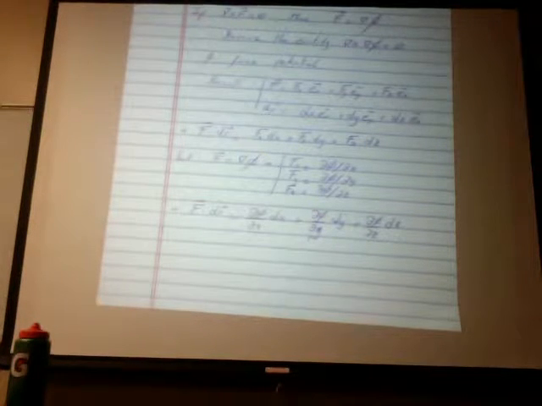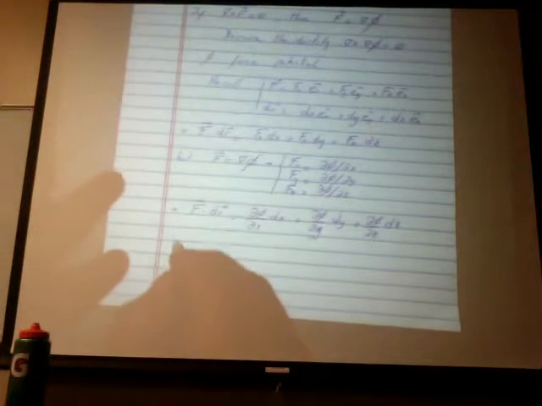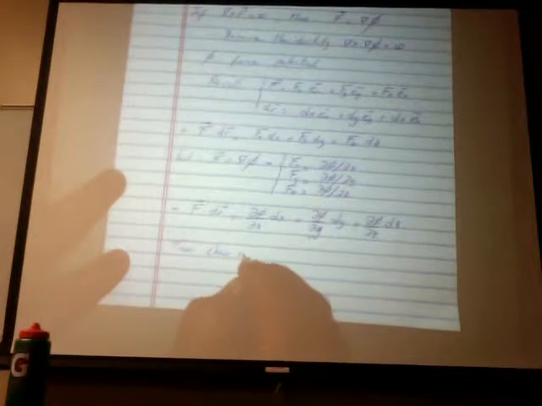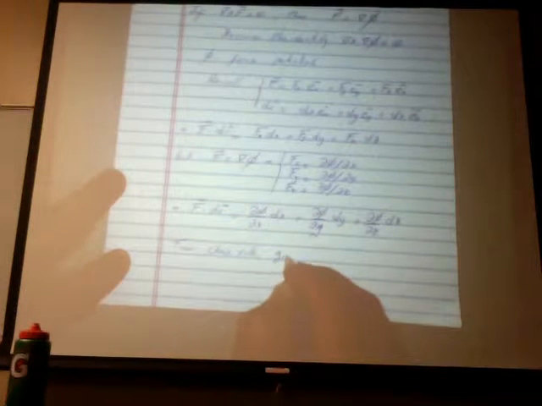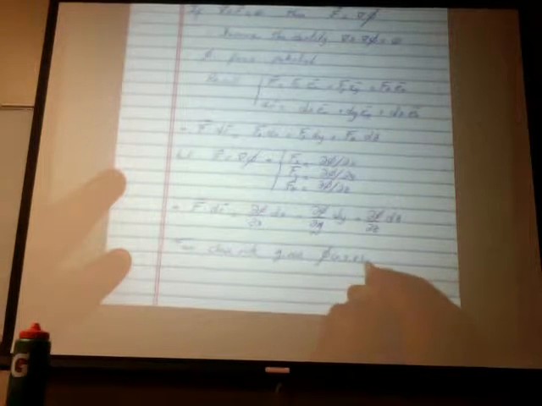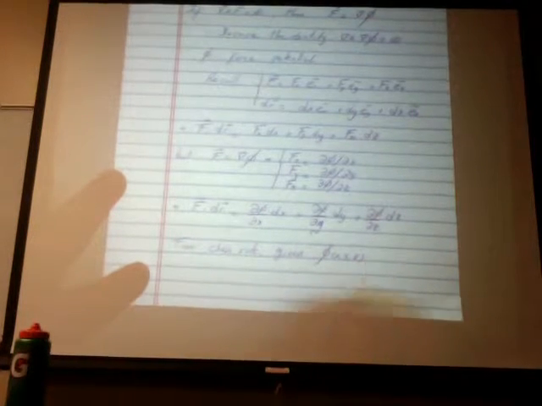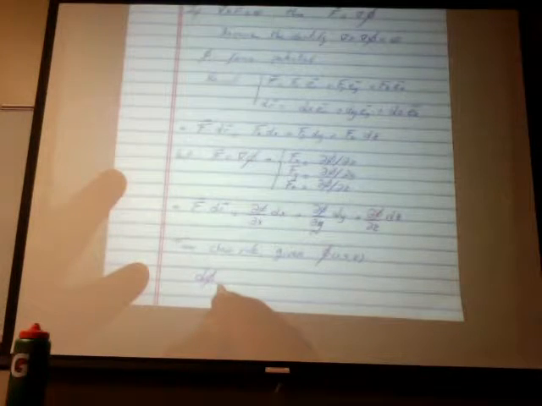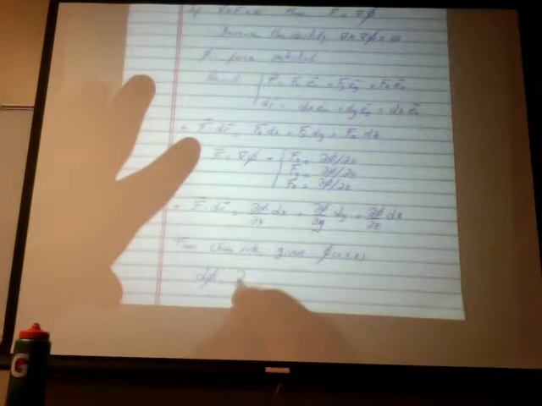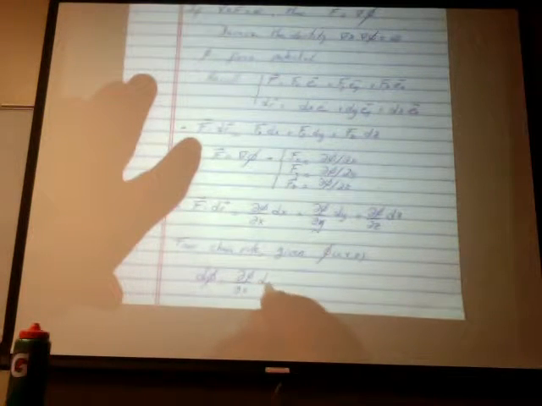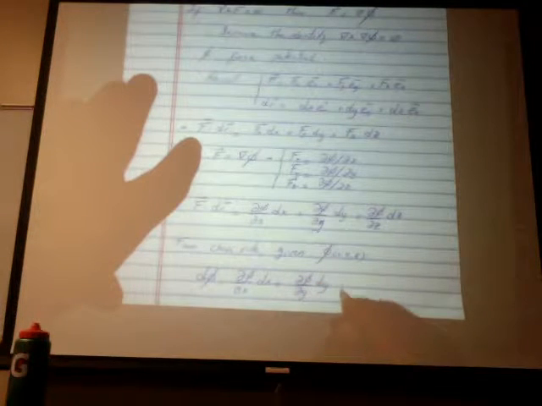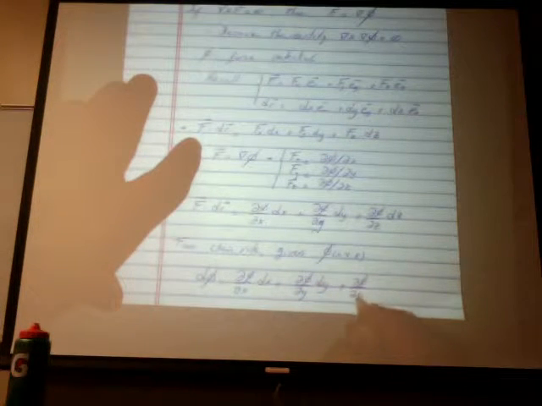All right, so do you remember the chain rule? From the chain rule, given a function phi of x, y, and z, what is the differential of phi? The total differential of phi will be the partial of phi with respect to x times dx plus the partial of phi with respect to y times dy plus the partial of phi with respect to z times dz.